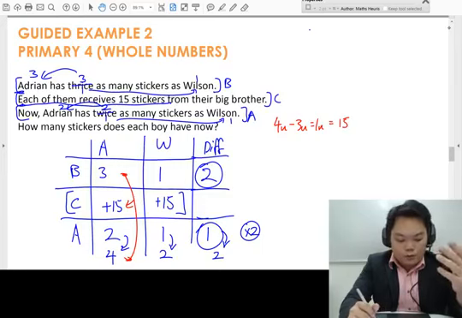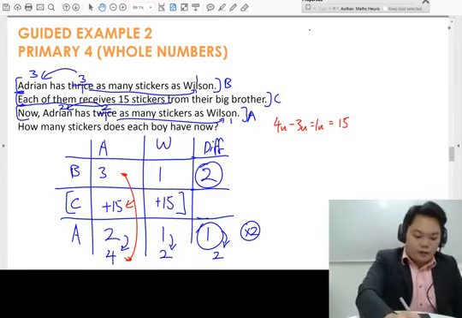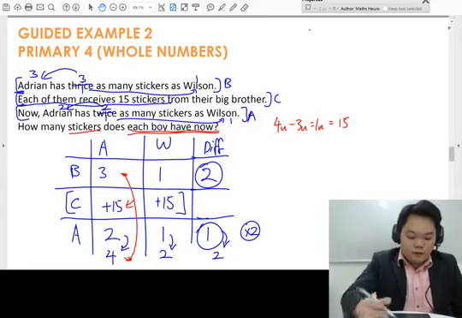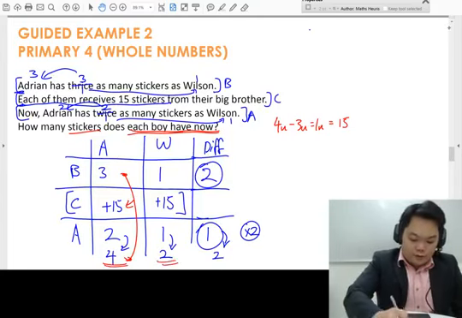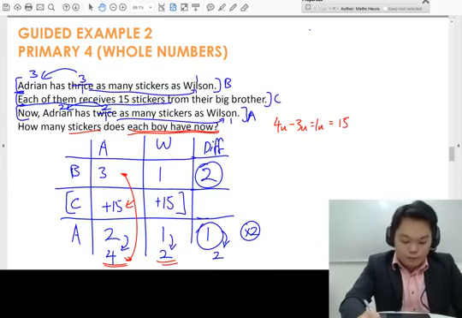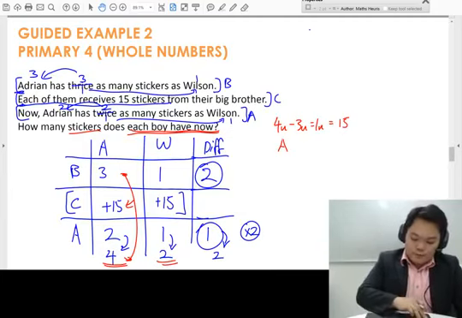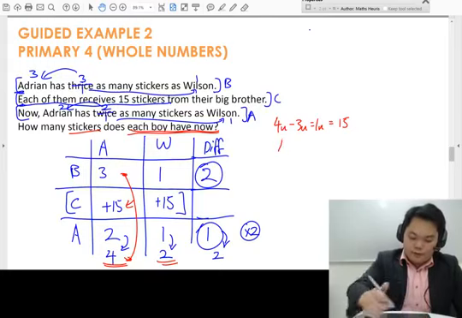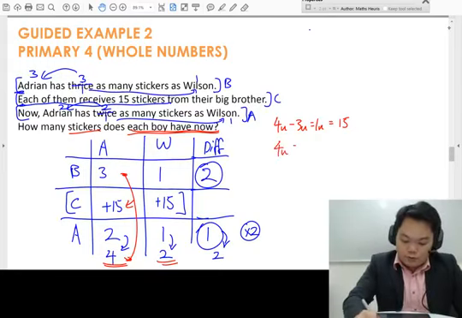So once we know this, we ask to find how many stickers does each boy have now. So now means the after. Adrian would have 4 units. So 4 units is just 4 copies of 15. That gives us 60.